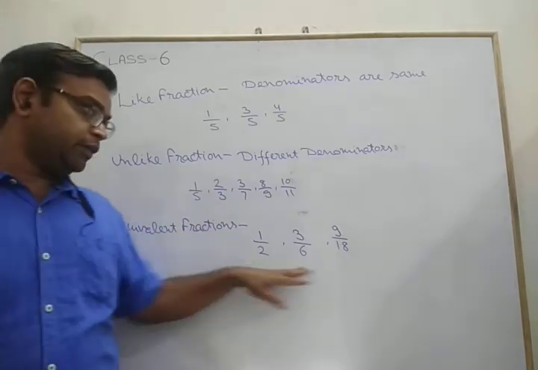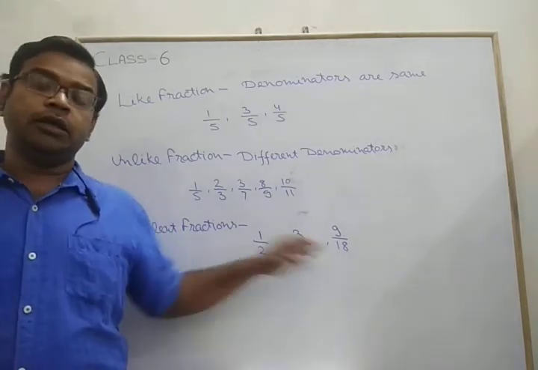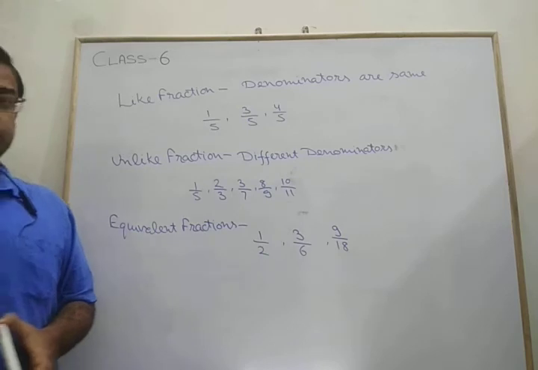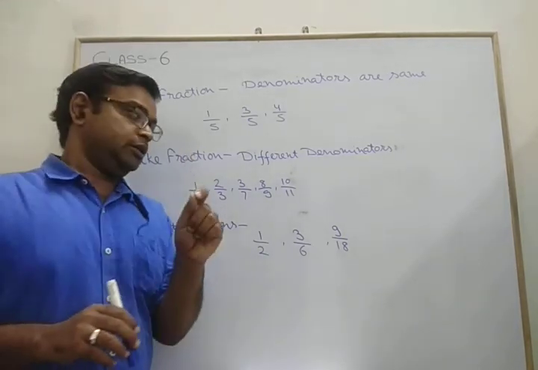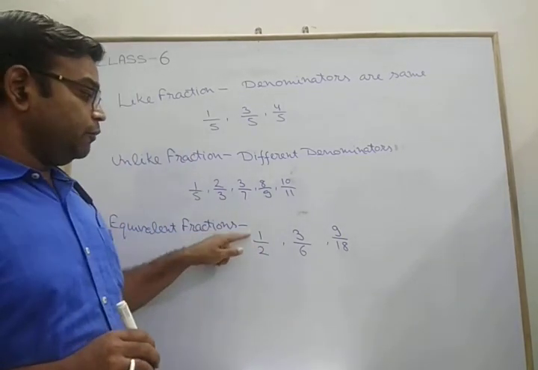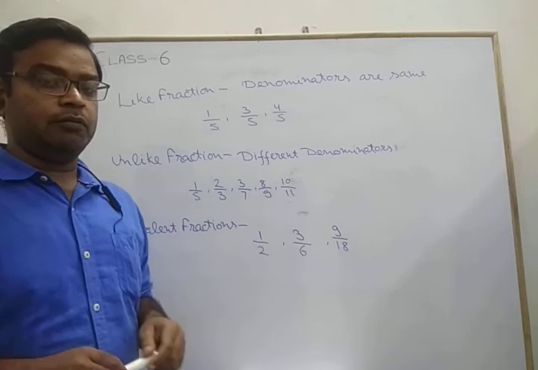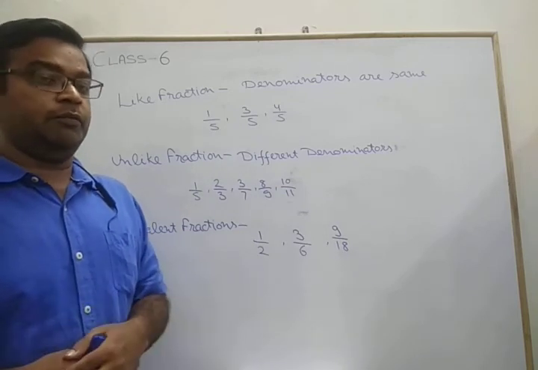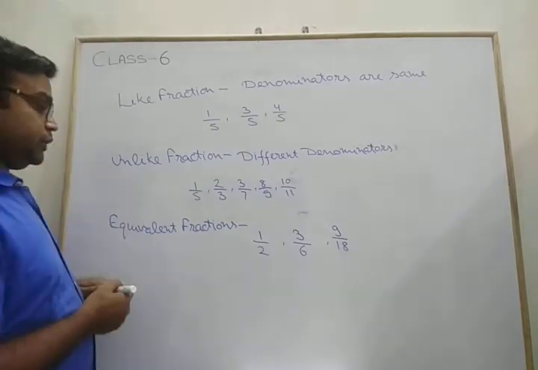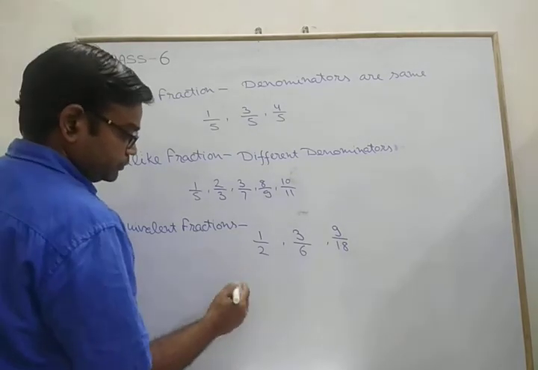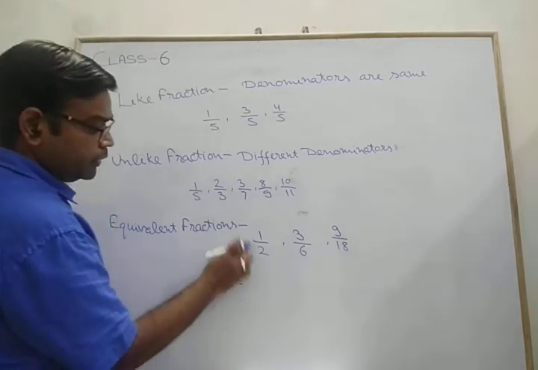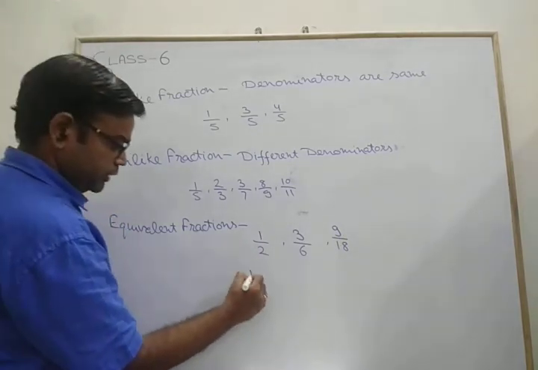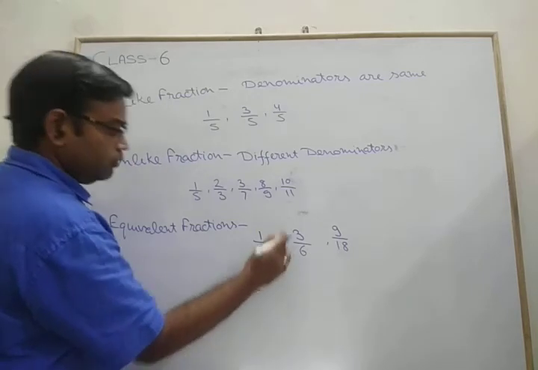Yes, these fractions come under equivalent fractions, because when we simplify all three, we observe the same value. First check 1 upon 2. Are 1 and 2 divisible by each other? No, so there is no change: 1 upon 2. What about 3 upon 6?